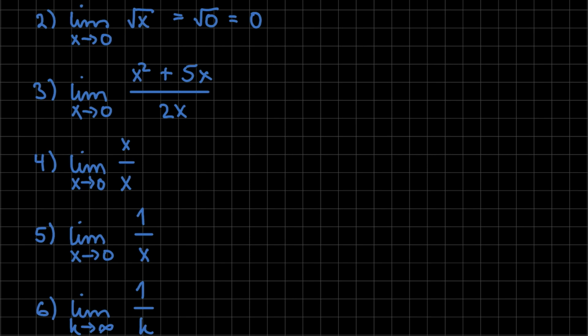One way we can do that is to just factor out an x on the numerator. So we have x squared plus 5x, and after factoring out an x, we will have left in the brackets x plus 5. If you were to expand this, you would find the original x squared plus 5x. And on the denominator, we still have 2x. So now we can just cancel out the x's on the numerator and the denominator.